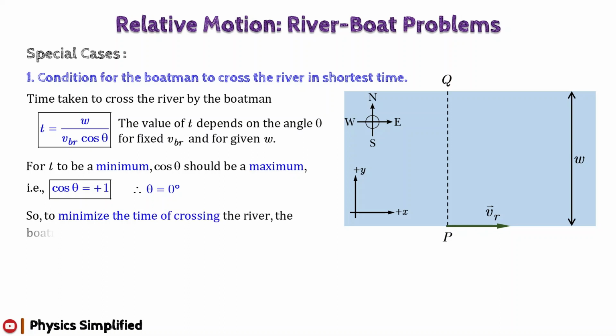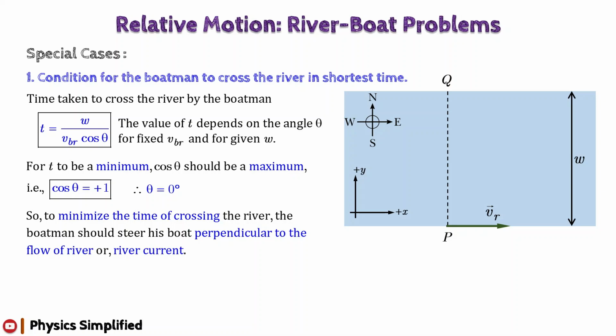So, to cross the river in shortest time, the boatman must steer his boat from point P, perpendicular to the flow of the river, or the river current. Now, substituting cos theta by 1, in the expression of time of crossing the river, we get the minimum value of t as, t suffix min, is equal to, w divided by v suffix br.